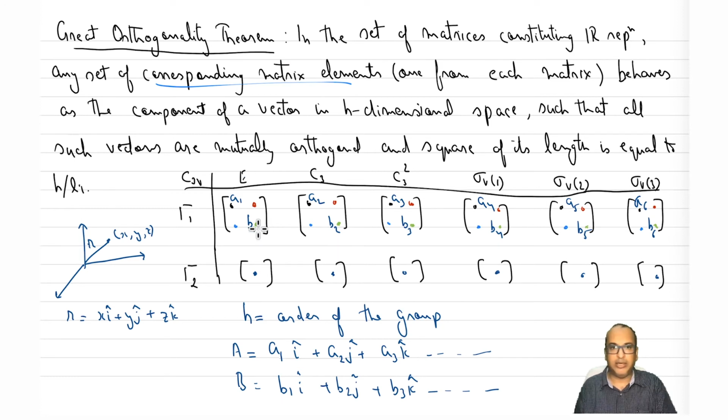Now when I say that these vectors are mutually orthogonal, that means my a dot b is equal to 0, right? That's the definition of orthogonal vectors.